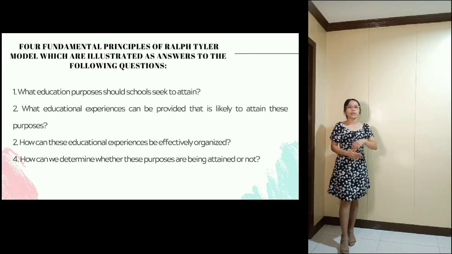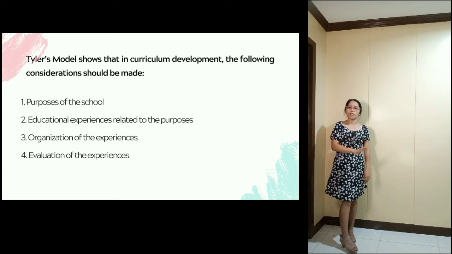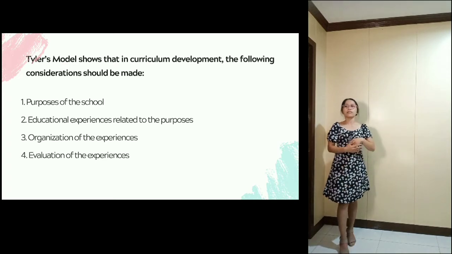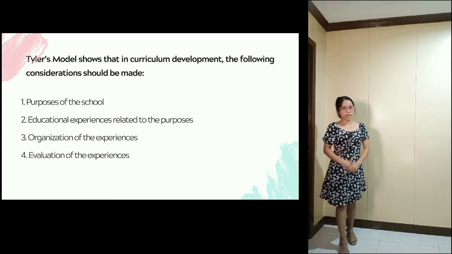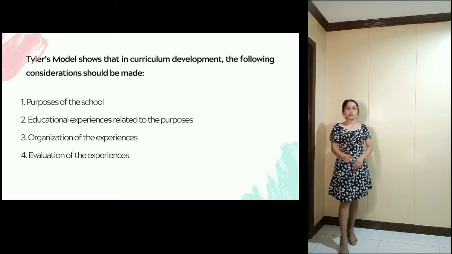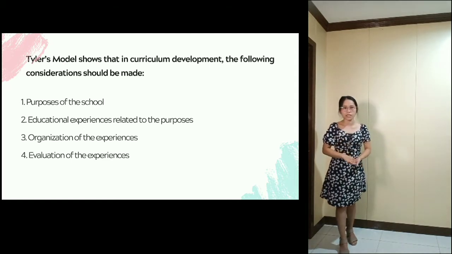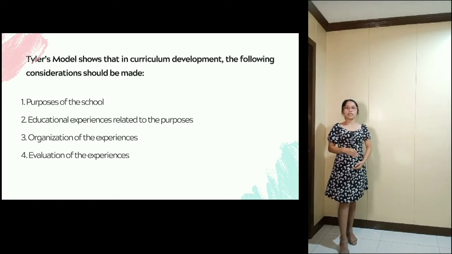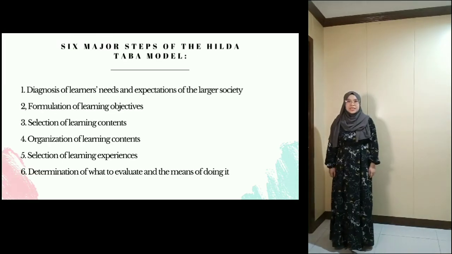Lastly, how can we determine whether these purposes are being attained or not? So the Tyler model shows that in curriculum development, the following consideration should be made. First, purposes of the school, the educational experiences related to purposes, the organization of the experiences, lastly, the evaluation of the experiences.